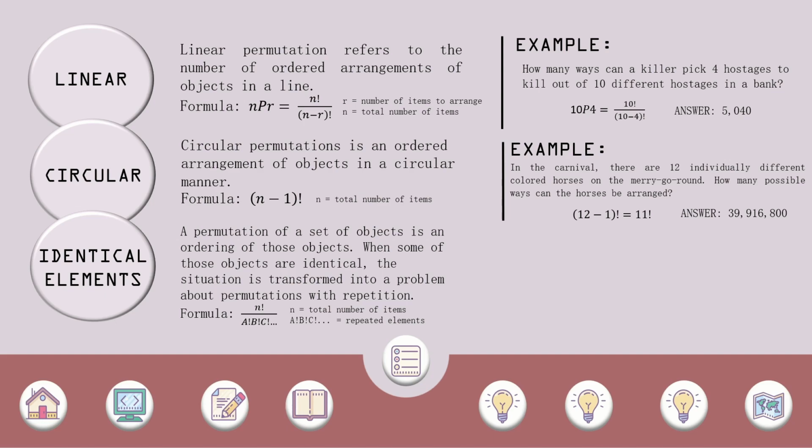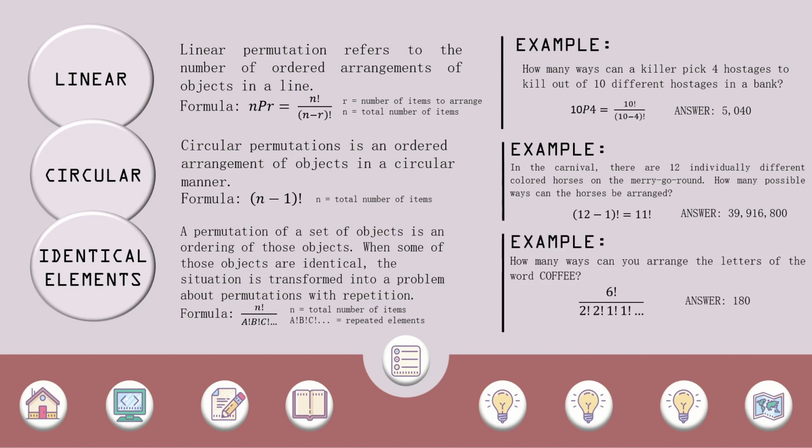For example, how many ways can you arrange the letters of the word coffee, as in C, O, F, F, E, E? The solution should be 6 factorial over 2 factorial times 2 factorial times 1 factorial times 1 factorial. And the answer will be 180.